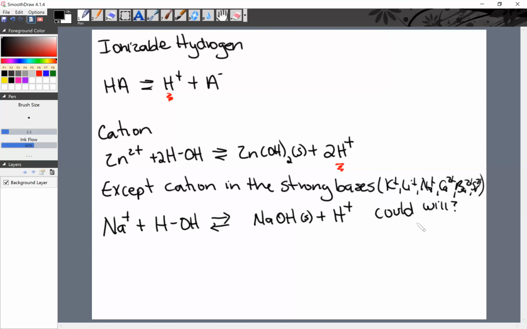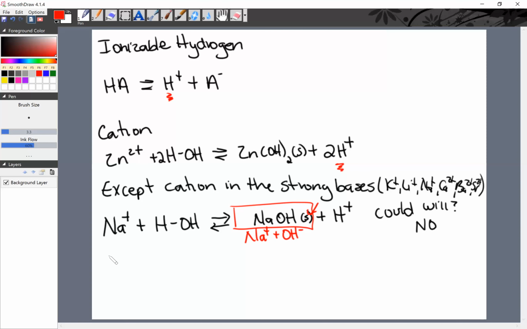And the answer is a big old no. Because, take a look at this first. Number one, all sodiums are soluble, so you are not going to make a solid. And it's 100% soluble, so that means really that's what you made. Well, if sodium never combines with the hydroxide in the first place, why would it have left the proton in the first place?